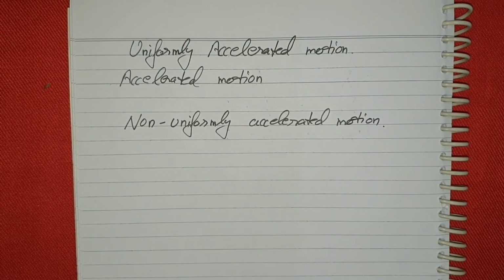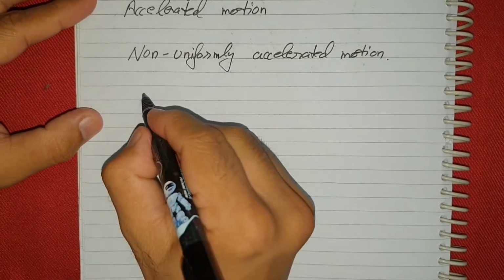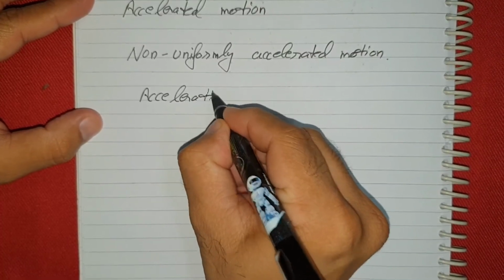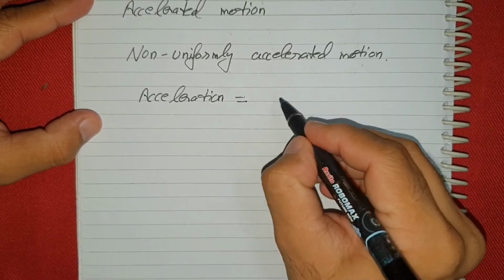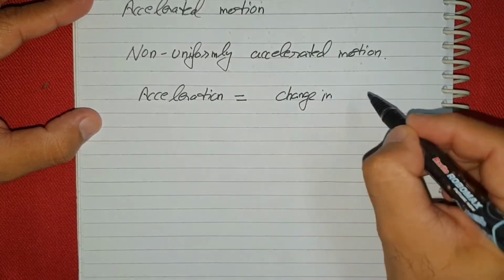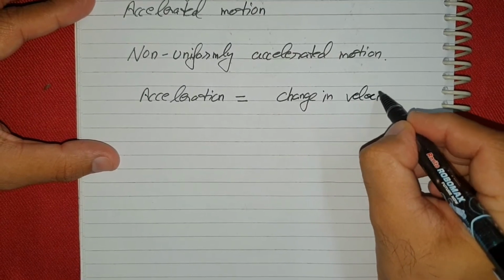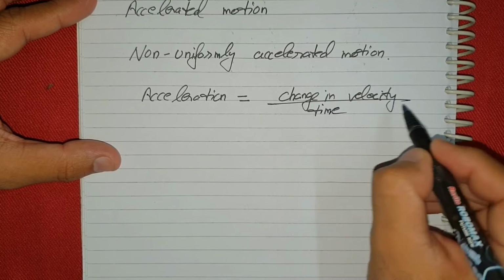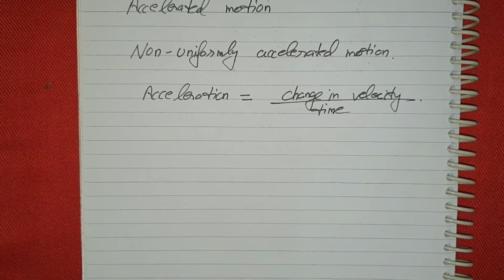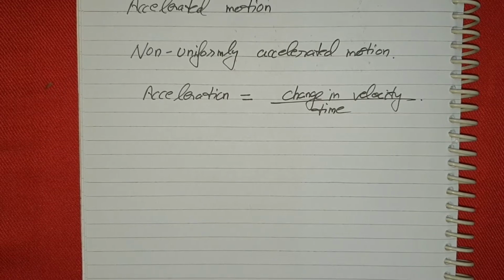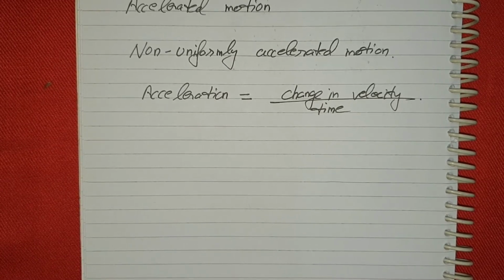Now, basically what is acceleration? Acceleration is the change in velocity upon the time interval. Acceleration of an object in motion is defined as the ratio of the change in velocity and the corresponding time taken.